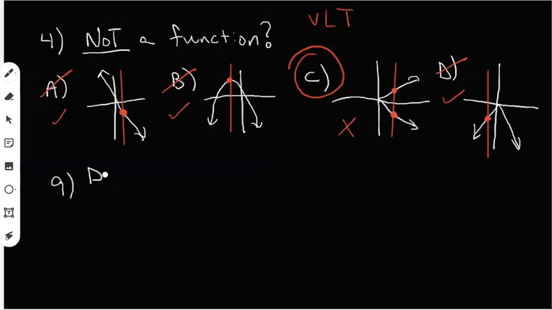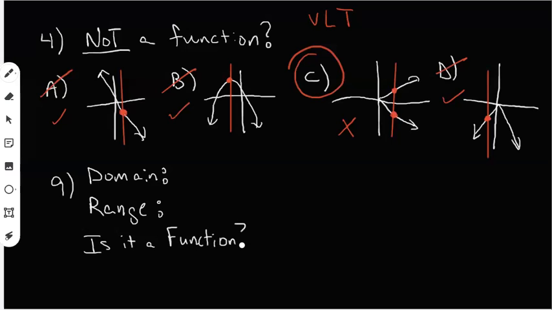We're going to be finding domain and range. And we're going to be asking, is it a function? And this is just a yes or no question. So we're going to circle yes or no.